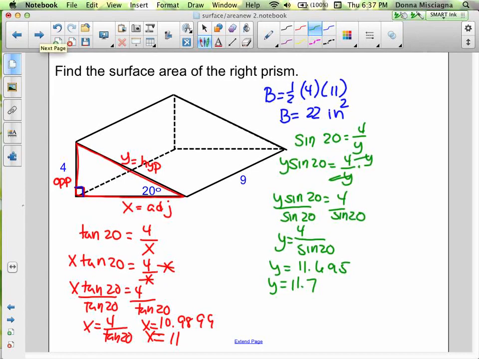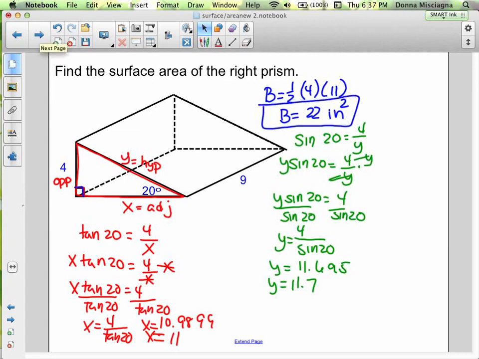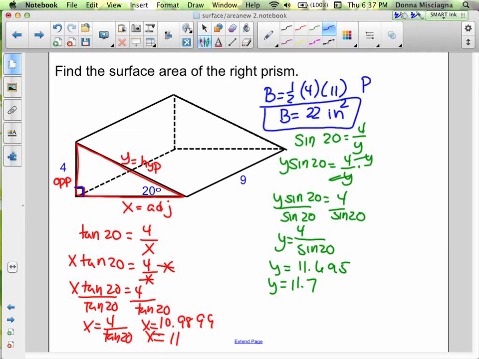All right, so now we can find our perimeter. We needed that base area, and there's that. We need the perimeter. So the perimeter is going to be equal to, we just add up the 3 sides of the triangle, that's the perimeter of our base, 4 plus 11 plus 11.7.